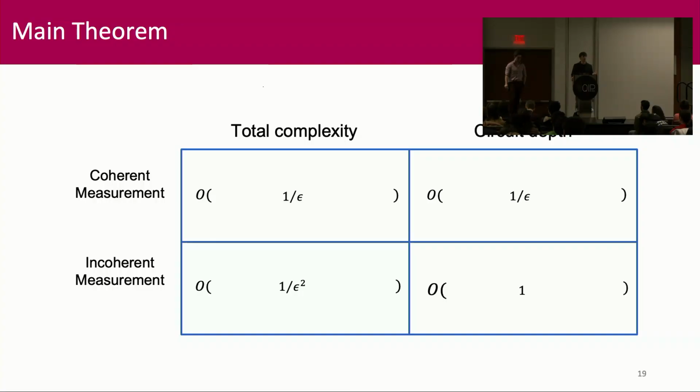If you look at the top row, which is the coherent measurement scheme, we get the anticipated 1/epsilon scaling, which is just coming from whatever measurement protocol we're using on top of our extrapolation. In the bottom row, we have the 1/epsilon squared, which you expect just from statistics. And on the right, we don't get anything for this piece because we just have a circuit of fixed size in terms of the measurements.